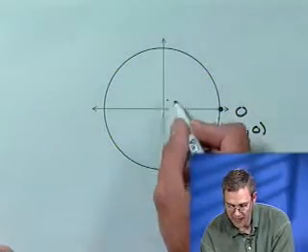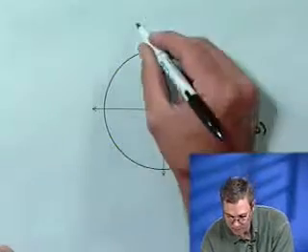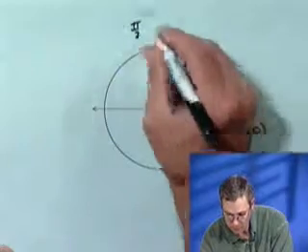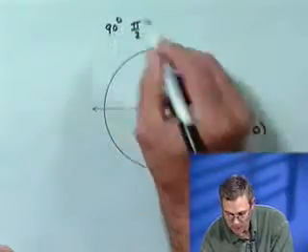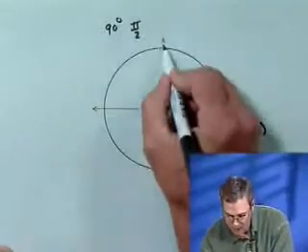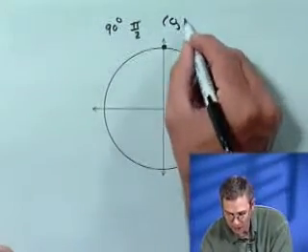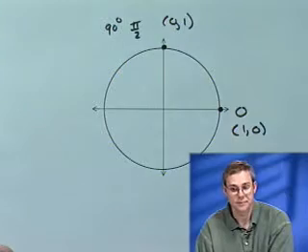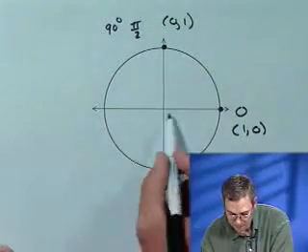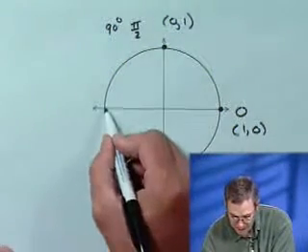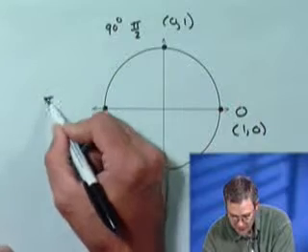Here's an angle of pi halves, or 90 degrees. Okay. And what is the corresponding point there? Well, the x-coordinate is 0. The y-coordinate is 1. Over here, that's an angle of pi, or 180 degrees.